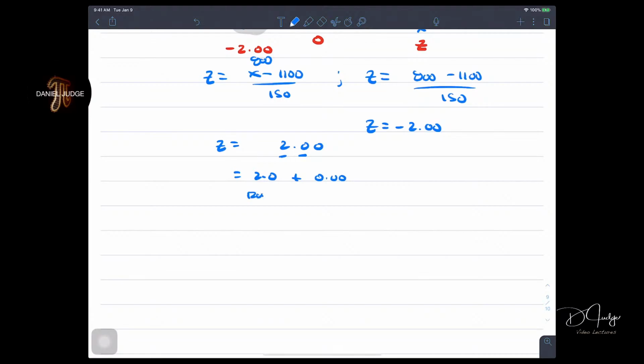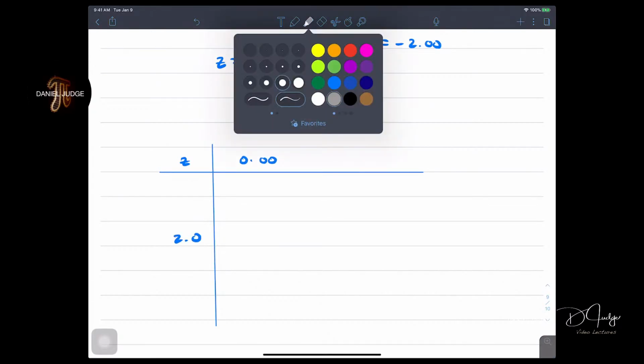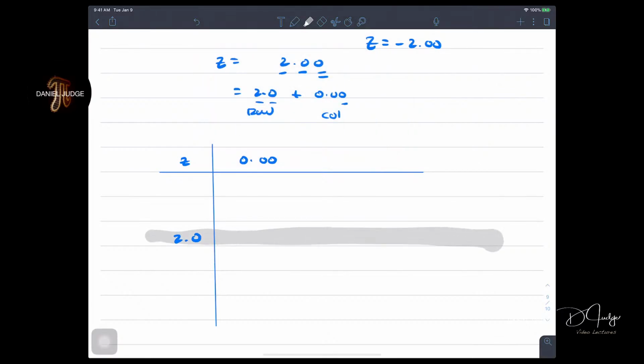So we have the row, and then we have the column here, if you guys remember that. 2.0 row, 00 column. All right, so we have Maria saying it's 4772.